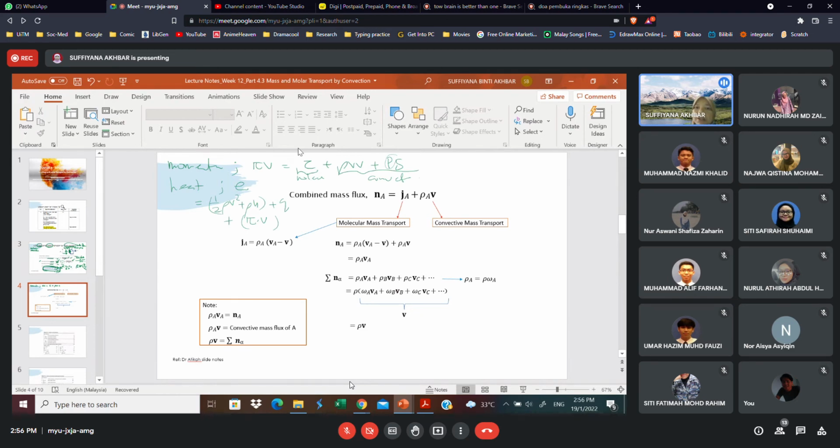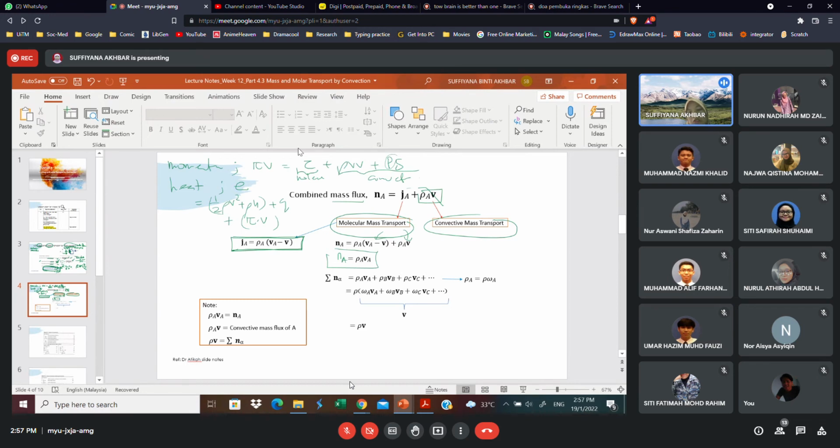And then combined mass flux, the last one untuk mass, combined mass flux is sum of the molecular mass transport plus convective mass transport. So molecular mass transport, it use another expression kat sini. Ini, and then here. Okay. So that NA kita boleh substitute. So finally kita akan dapat seperti inilah. Combined mass flux of A is equal to rho A VA.